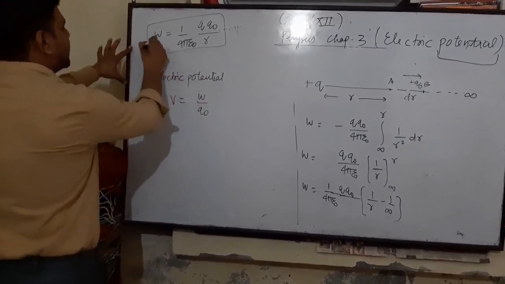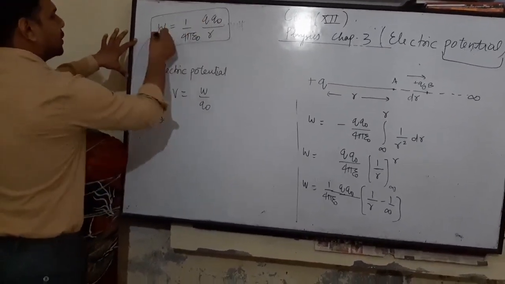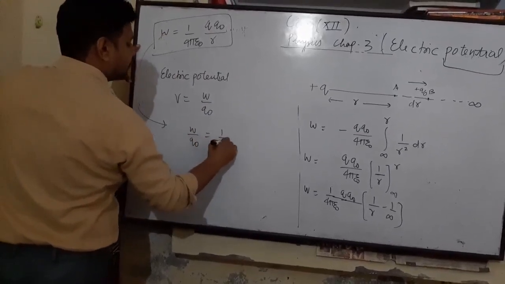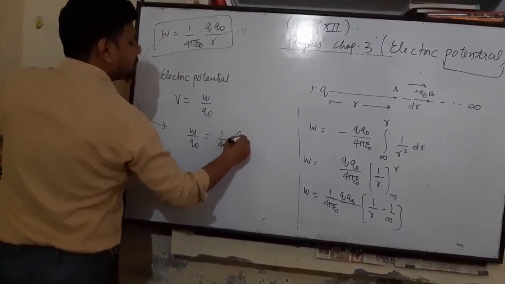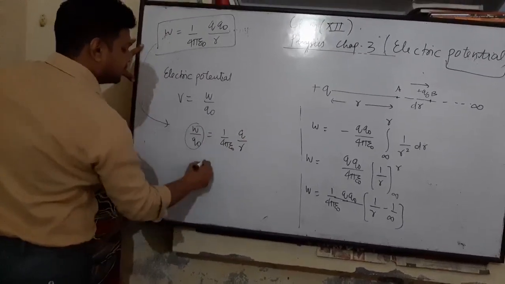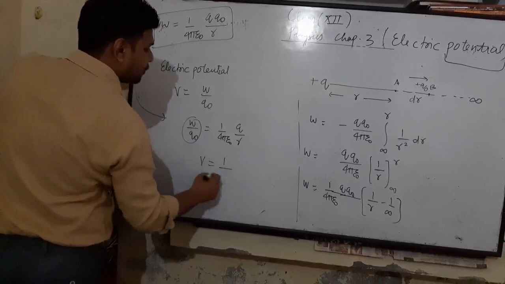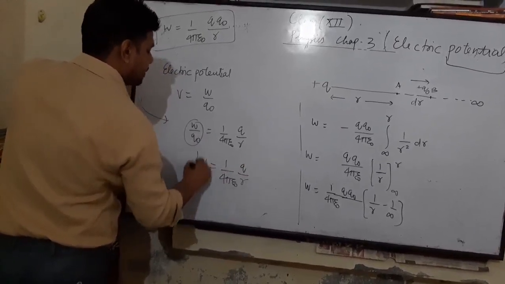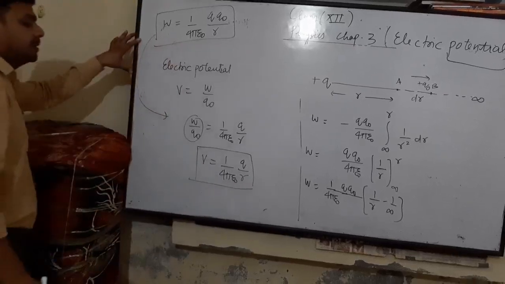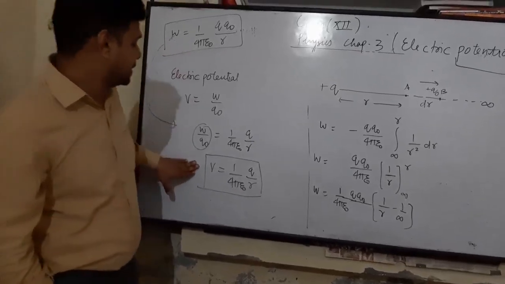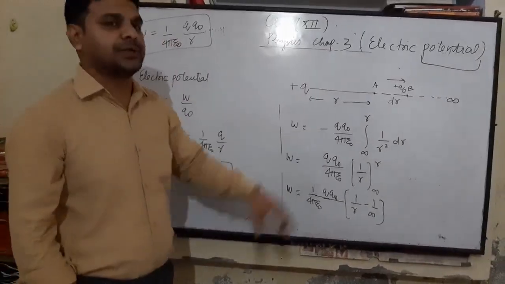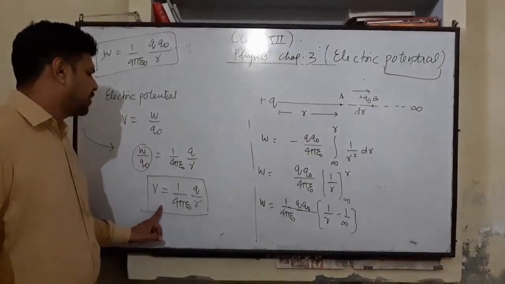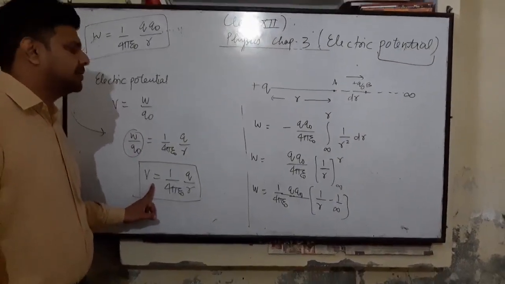So in this expression, taking Q naught, W over Q naught is equal to 1 over 4 pi epsilon naught Q over r, and it becomes V. This is the expression for electric potential at a point due to a point charge.